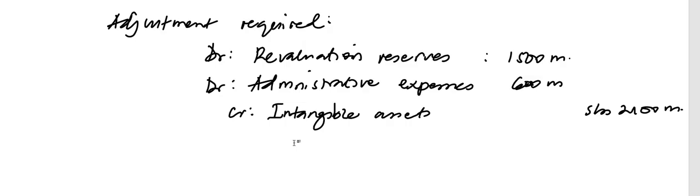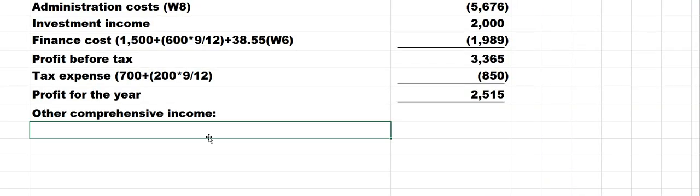Why? Because it reduces the accumulated revaluation reserves in equity, as we have seen, because there was a 1,500. So this decrease of 1,500 is going to appear in the OCI.